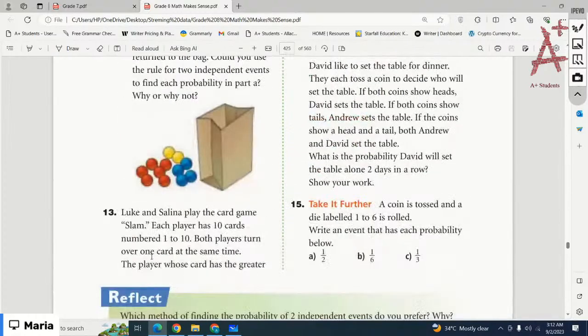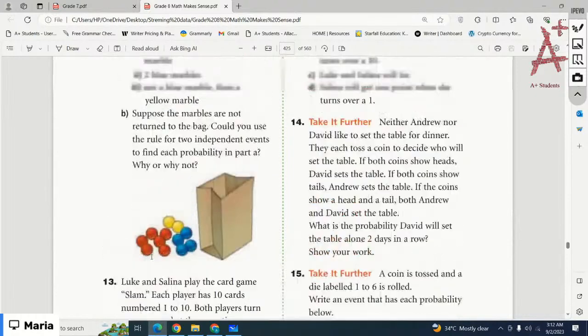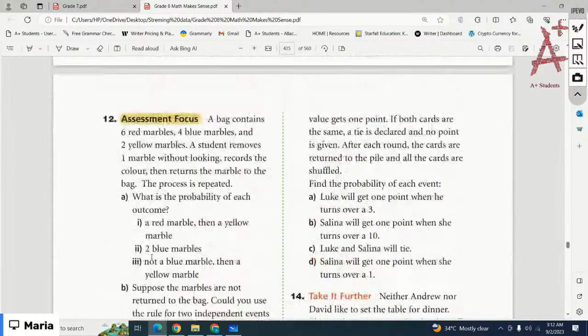Okay, hold on. 10 cards, numbered 1 to 10. So for the A part, Luke will get 1 point when he turns over a 3. Over a 3 means you have only two numbers that are less than 3, they are 1 and 2.